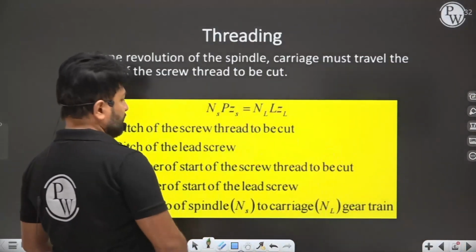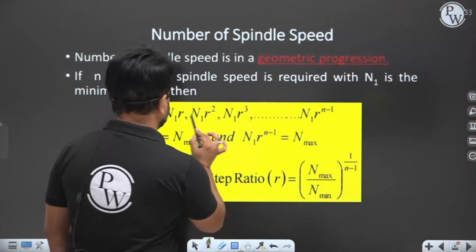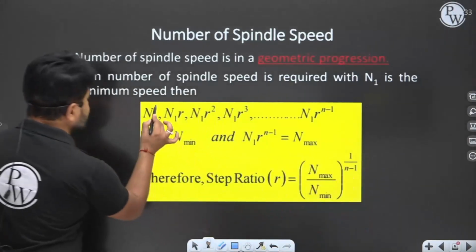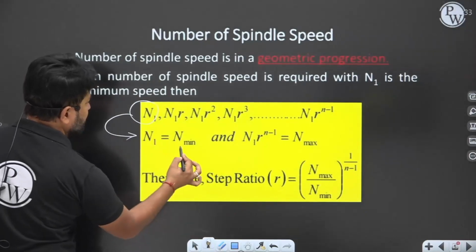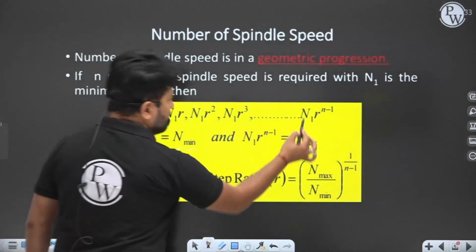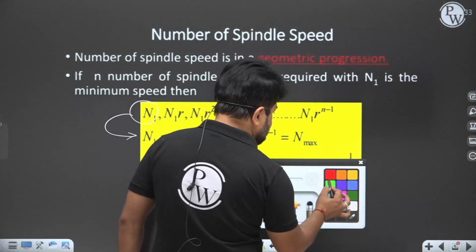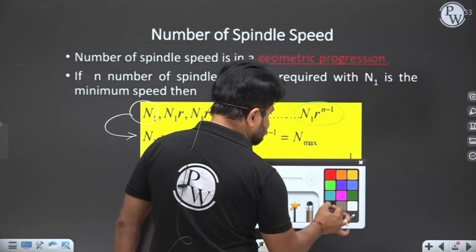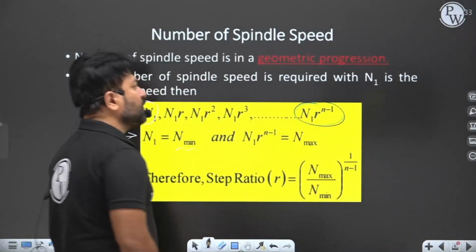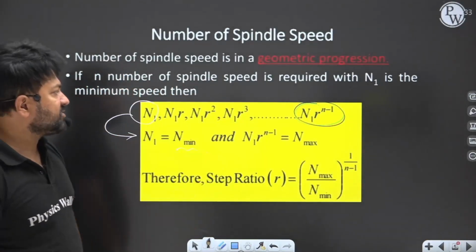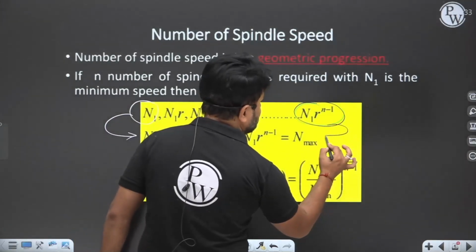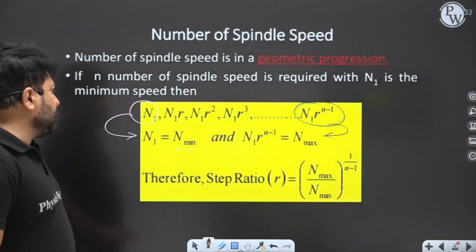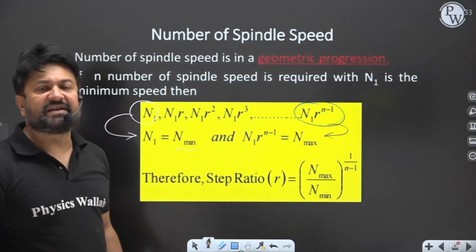In the geometric progression, small n1 will be the minimum RPM, and the last term, n1 small r to the power small n minus 1, is the maximum RPM. Now in this GP, basically r is the step ratio.